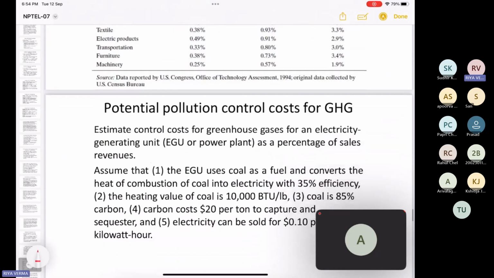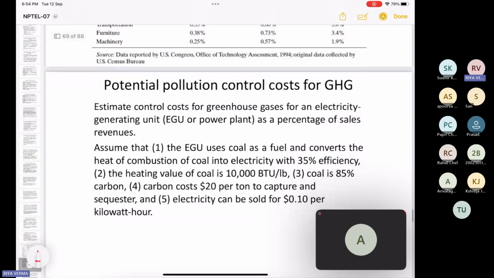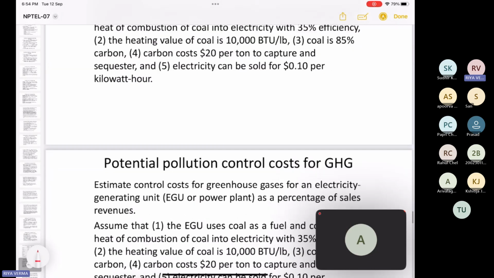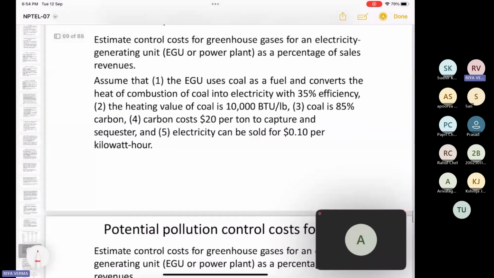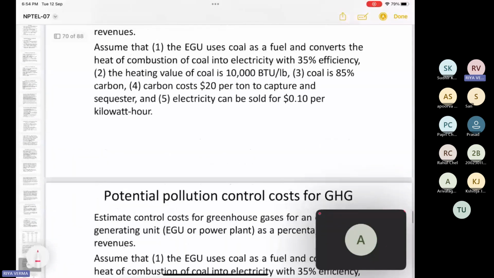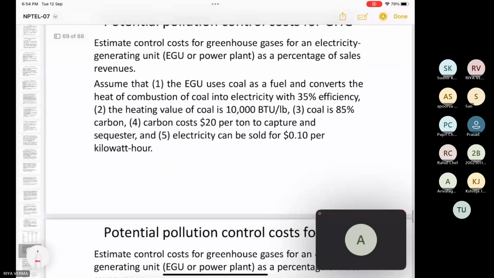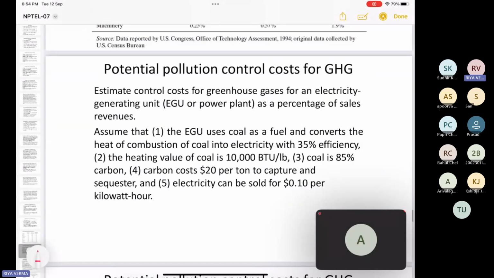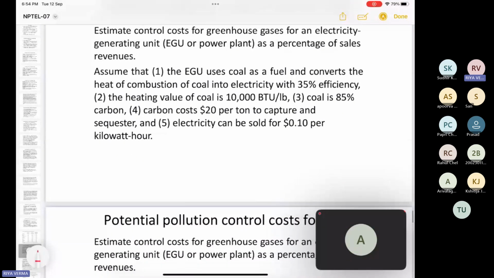So the potential pollution control costs for the greenhouse gases. Estimate control costs for the greenhouse gas for an electricity generating unit, EGU, or the power plant as a percentage of sales and revenues. So I think this is a numeric example to calculate the potential pollution control costs for the greenhouse gas emission.